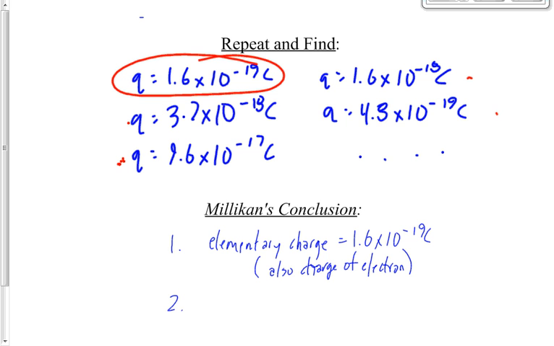The second conclusion that he drew here was that charge is quantized. What does that mean? Well, it means that you can have the elementary charge, or you can have a whole number multiple of that elementary charge. 2 times that, 5 times that, 60 times that, 603 times that. But you can't have 294.3 times that. You have to have 1 elementary charge or 58 elementary charges.